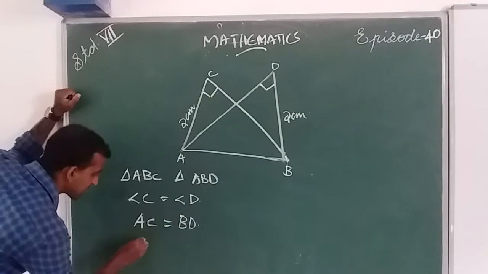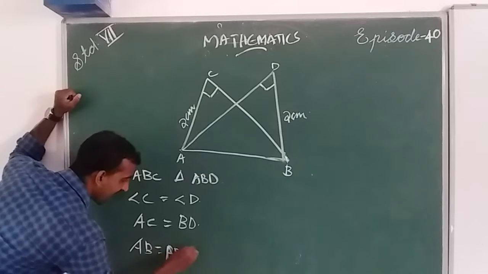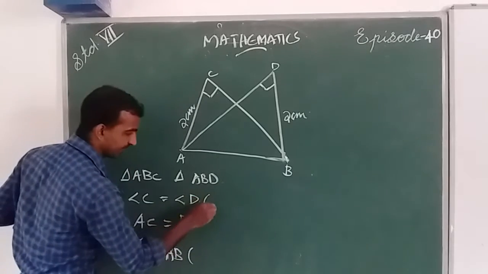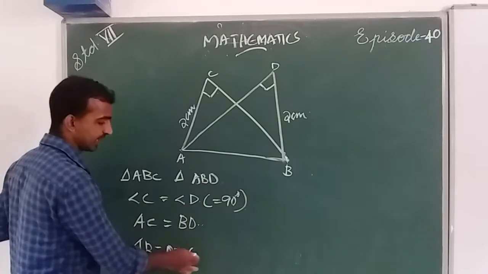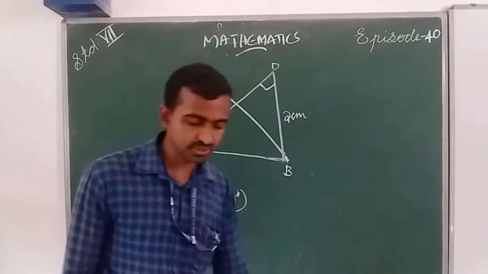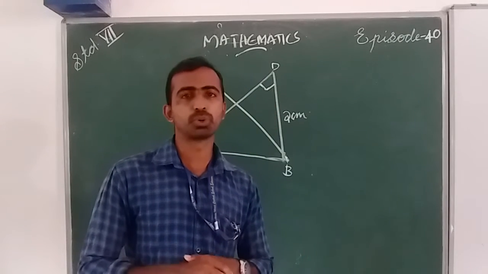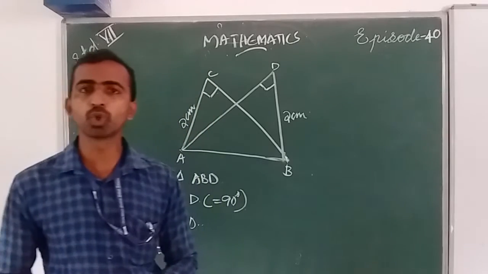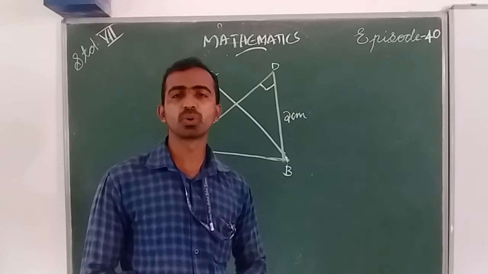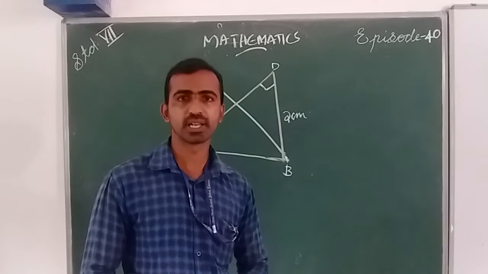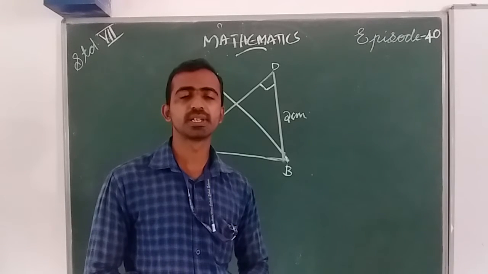AB is the common side and AB is the hypotenuse. This is 90 degree, this is one side, and this is the common side and hypotenuse. So these triangles are congruent by the RHS congruence rule.